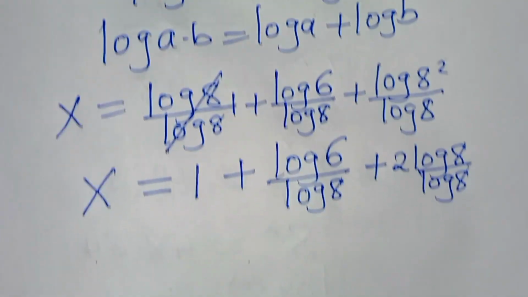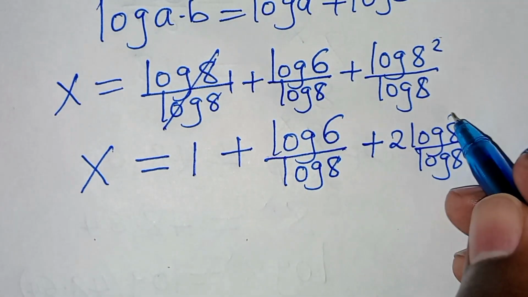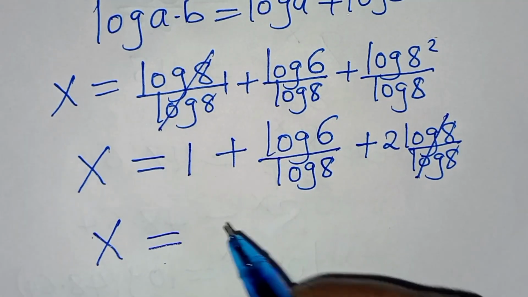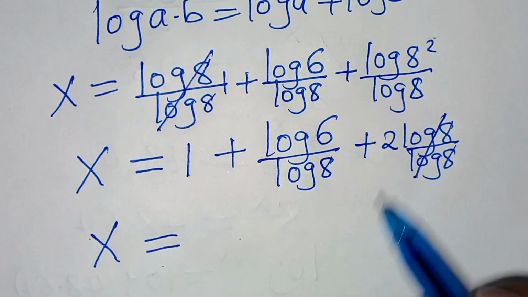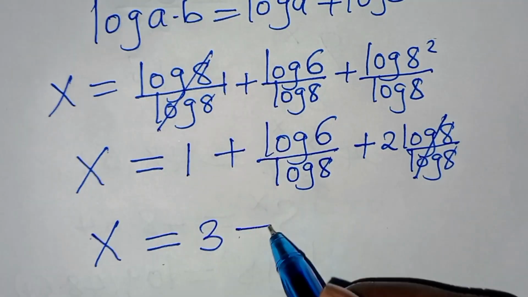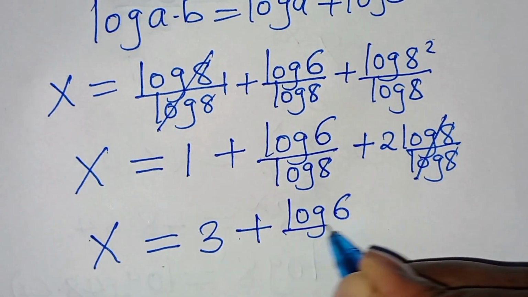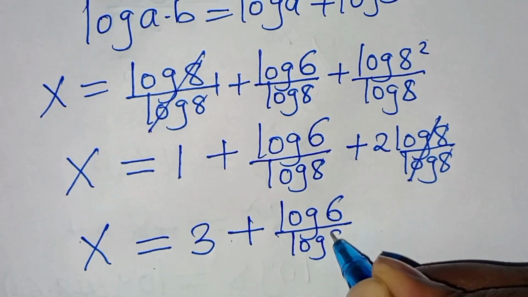So we can simplify log 8 and log 8, so that now here we have x equal to 1 plus 2, which is 3, plus log 6 over log 8.